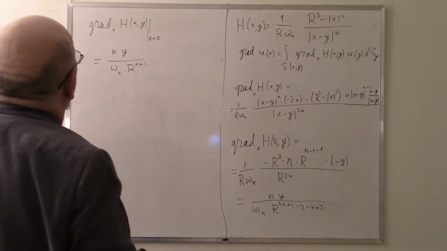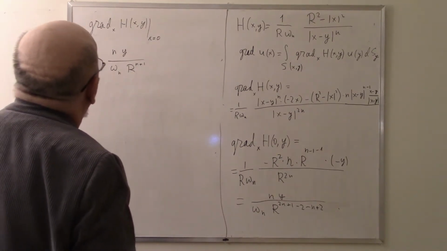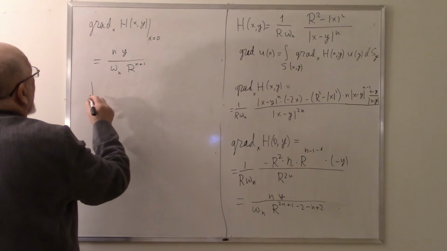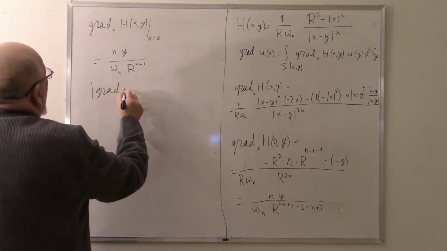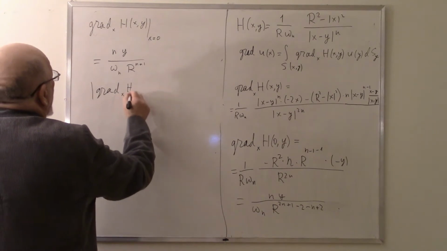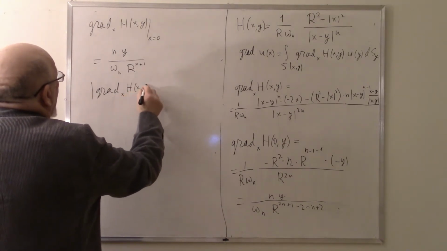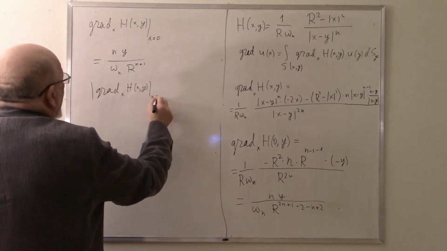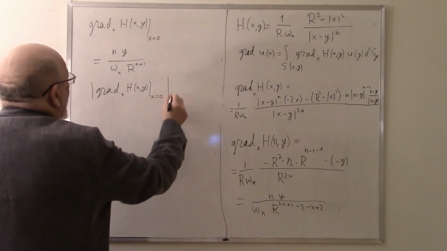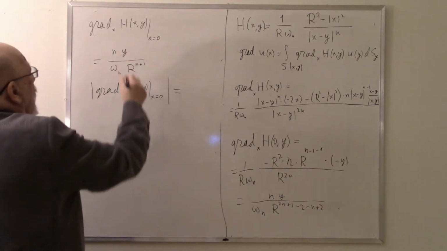Now the module of the gradient with respect to x of h(x, y) when x is 0: module y is r.